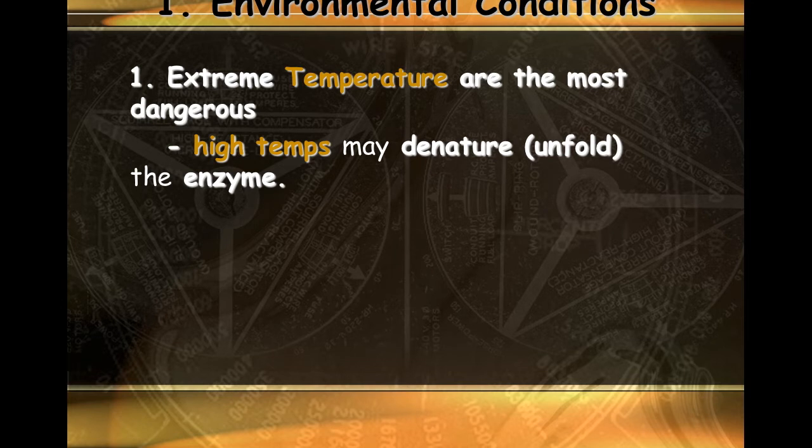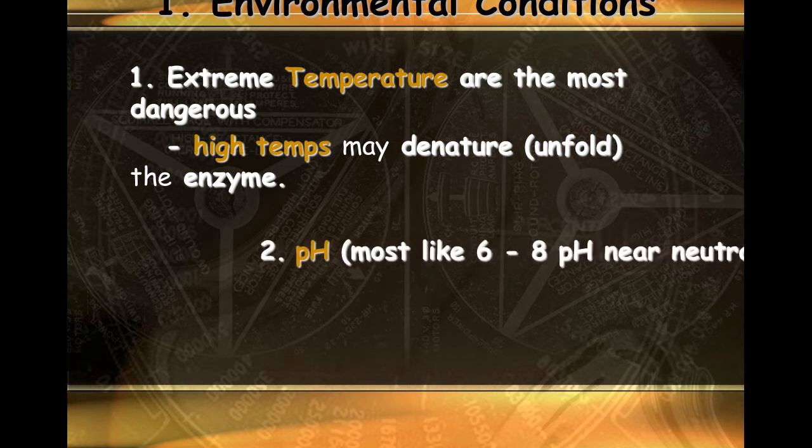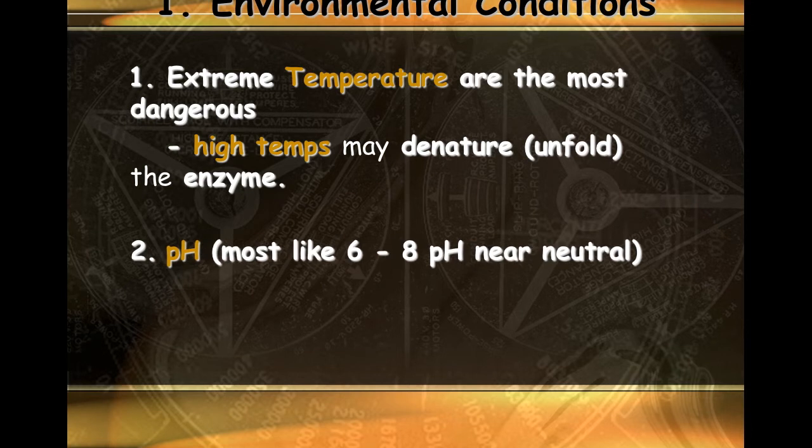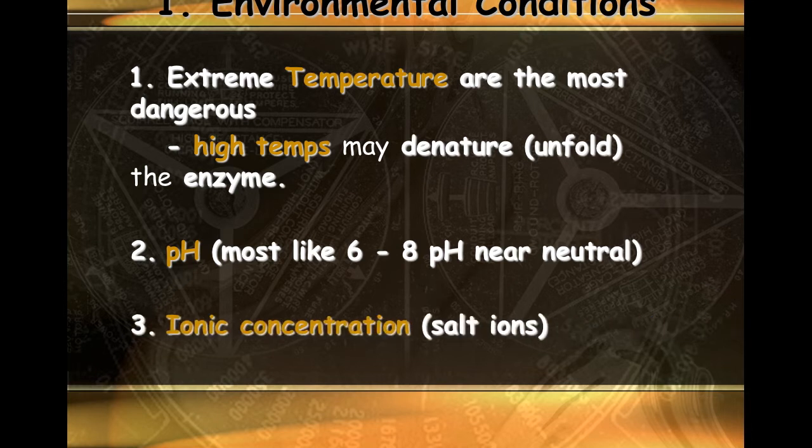So if it gets too hot, those enzymes will not function. The pH. Most enzymes like to be 6 to 8, near neutral. Not all enzymes are the same, so some in your mouth are going to have a different pH than the ones that are in your stomach. The ionic concentration. How many salt ions are located in your body also affects how those enzymes function.